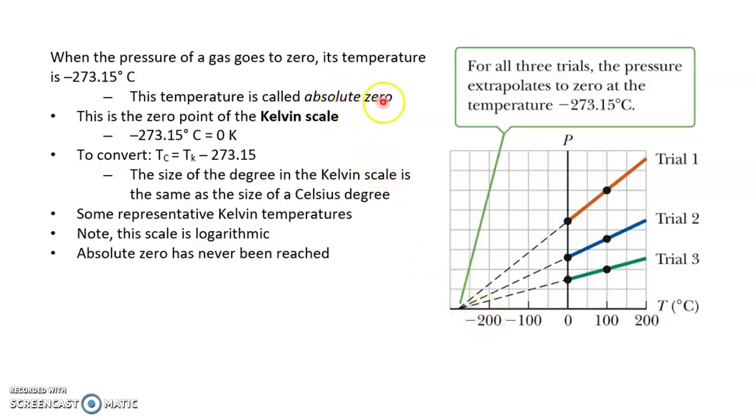So the absolute zero value is equal to 0 Kelvin, or equal to negative 273.15 degrees Celsius. In this case, we have this conversion from one temperature scale to the other, which is the Celsius temperature scale to the Kelvin temperature scale.